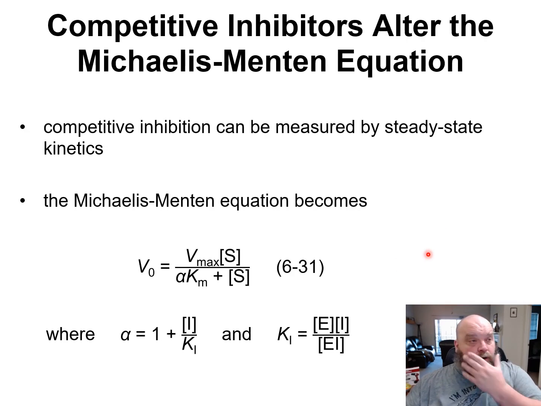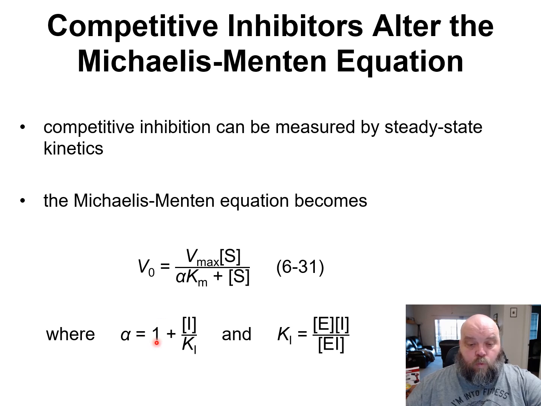So we have to take this into account if an inhibitor is there, a competitive inhibitor. We go back to our Michaelis-Menten equation: V naught equals Vmax times S, over Km plus S. Remember our original? Well, we now have to take into account alpha.